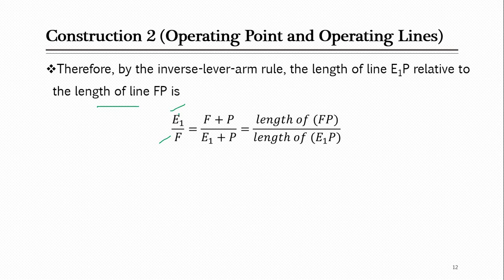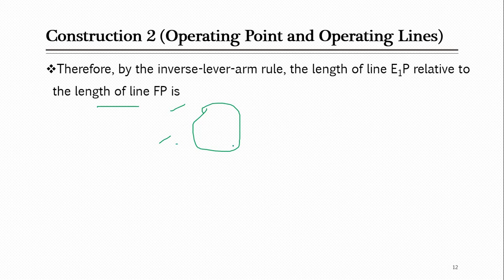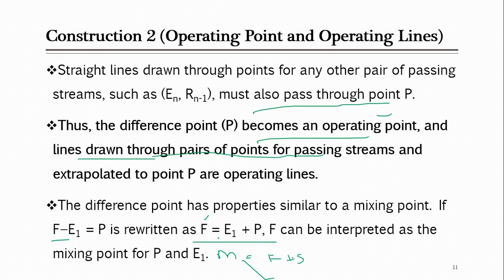If you are looking for E1, then E1 over F is equal to, based on the last slide, you know that F is equal to E1 plus P. This equation can be rearranged for E1, so it will be F minus P.